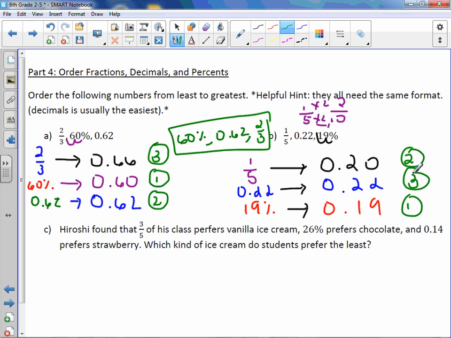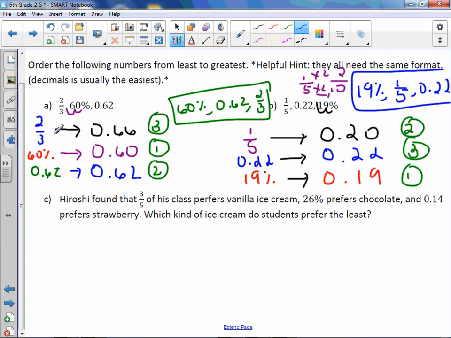And we need to write them in their original form. Number 1 is 19%. Number 2 is 1/5. And number 3 is 0.22. And that is in order from least to greatest.